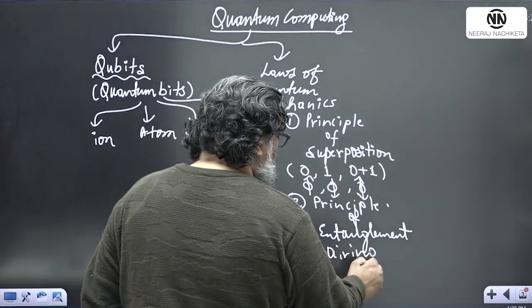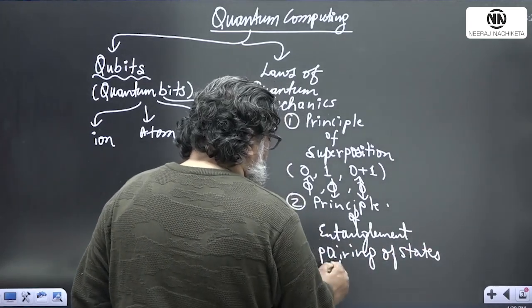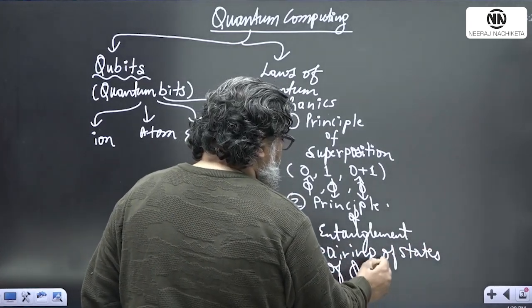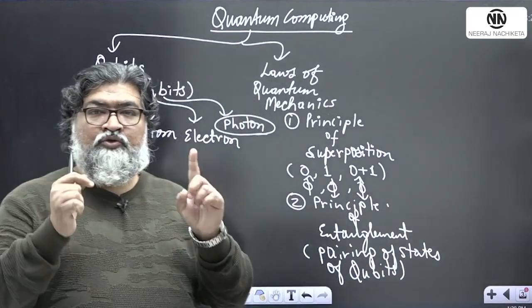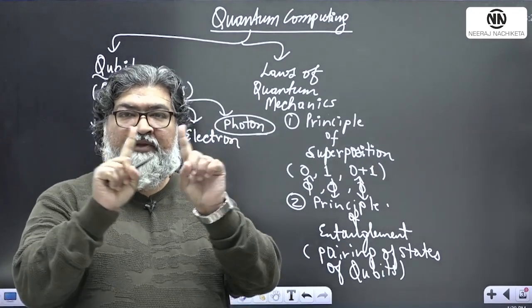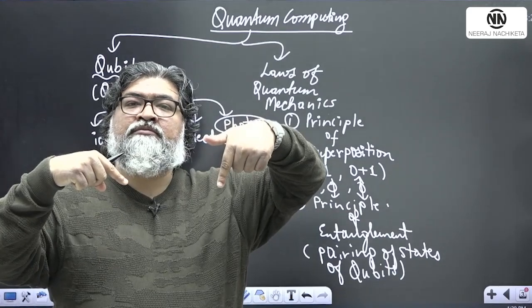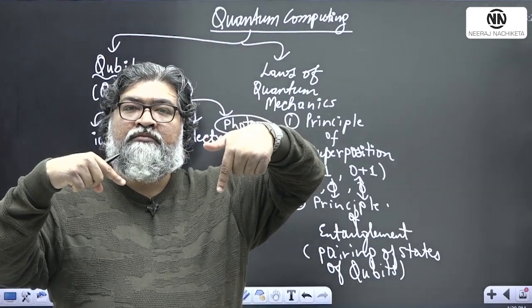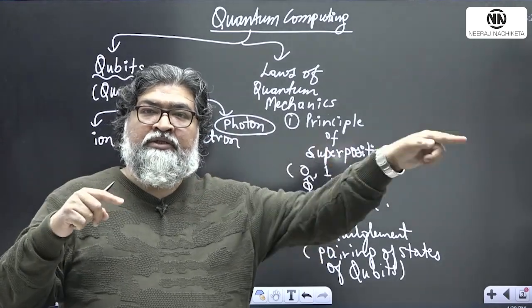So that means a pairing of states of qubits. Suppose you have two qubits and they are entangled. If one changes, the other will also change. Imagine a string of qubits which are entangled to each other.